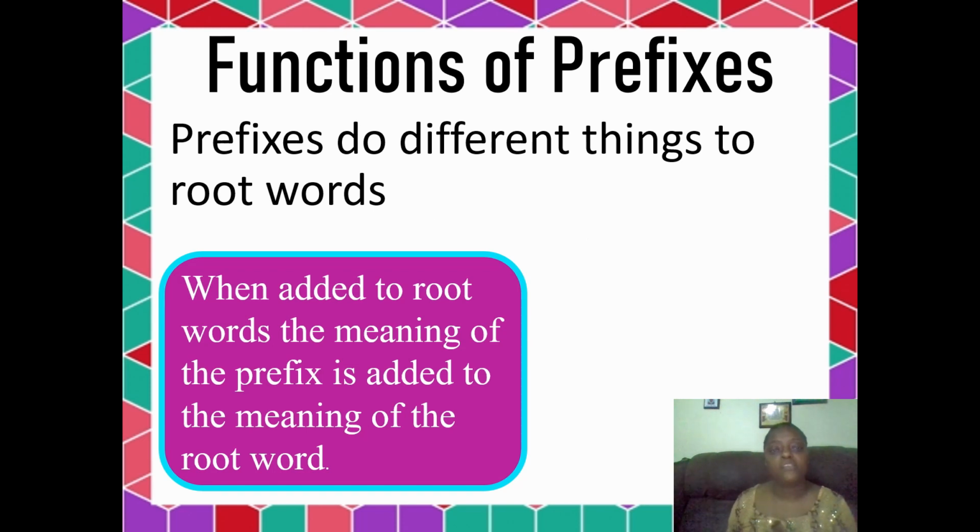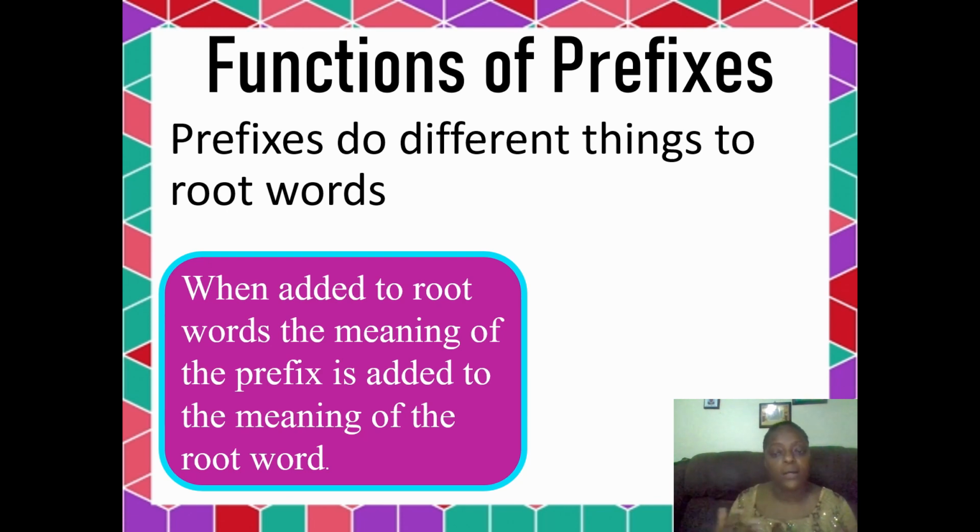What are the functions of prefixes? Prefixes really do different things to words. When added to root words, the meaning of the prefix is added to the meaning of the root word, hence it adds meaning to the word. Let's look at the word unhappy. Happy is being joyful or whatever.